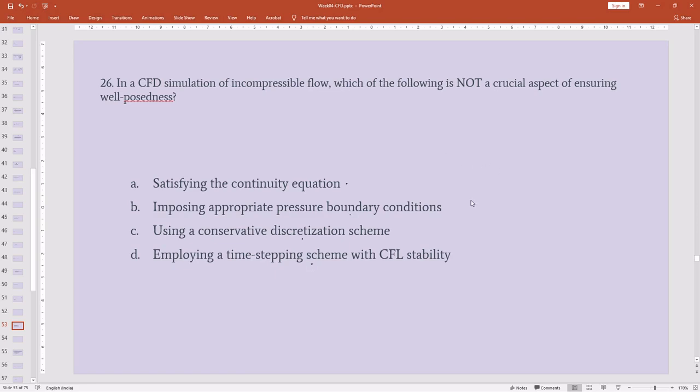I think the CFL stability criteria, Courant-Friedrichs-Lewy criteria, is yet to be covered in the course. So try to answer the question.